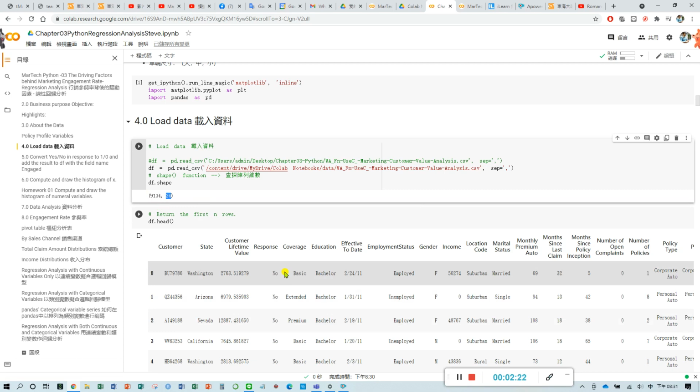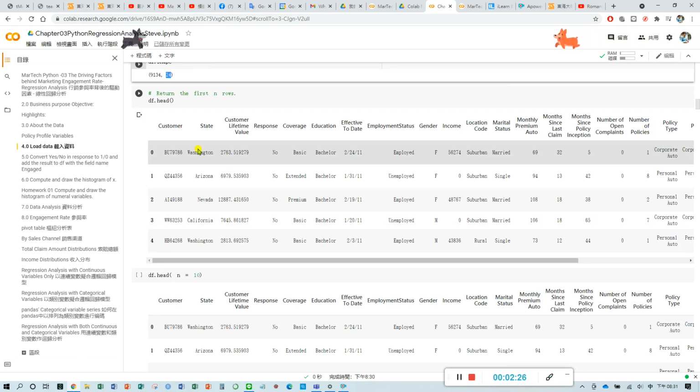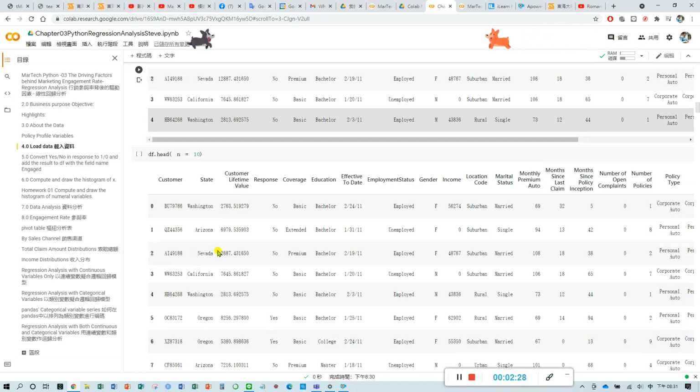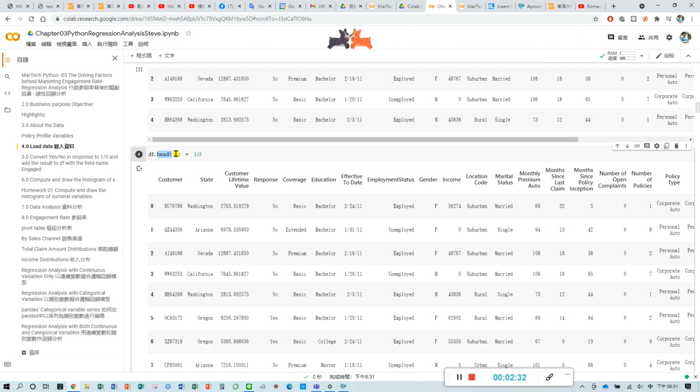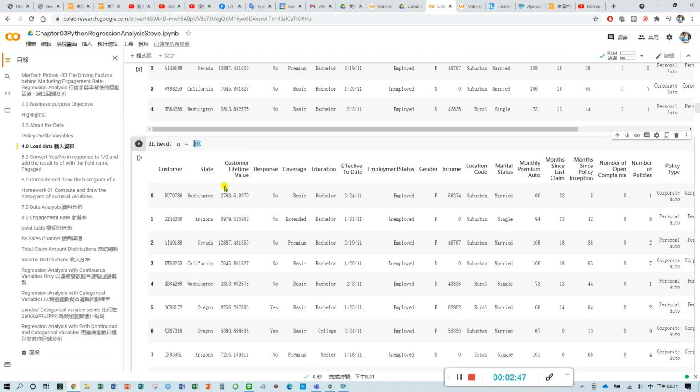Before we do this, let me introduce it again. Head is to show the top observations. If you specify n with a number, it means show me the first 10 observations of the data set.